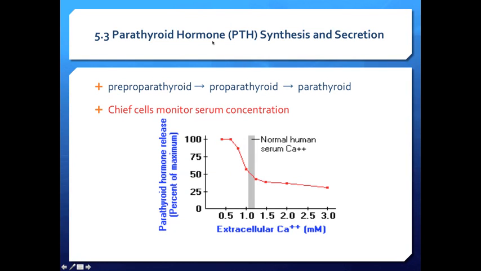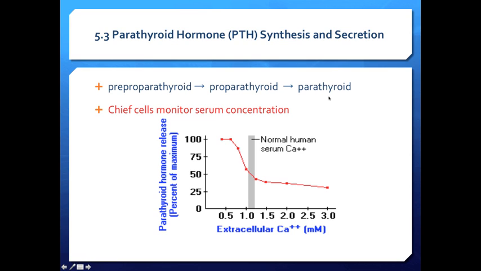The way we synthesize PTH in the parathyroid gland is through a pre-pro-parathyroid hormone that gets sliced to form a pro-parathyroid hormone that also gets modified. And finally, we get the last product, the parathyroid hormone.